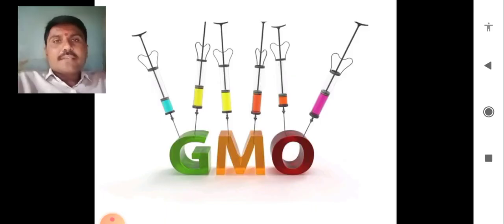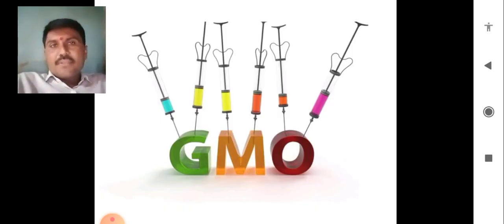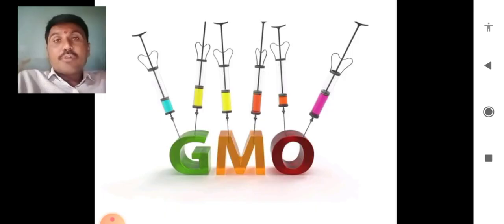On that basis, according to the consumption of the people and the market demand, such fruit crops are genetically modified in accordance with those specific characters, and such desired genes are transferred into the plant with the help of bacteria. And thus this whole process is known as genetically modified organisms, or genetically modified plants, or genetically modified animals.